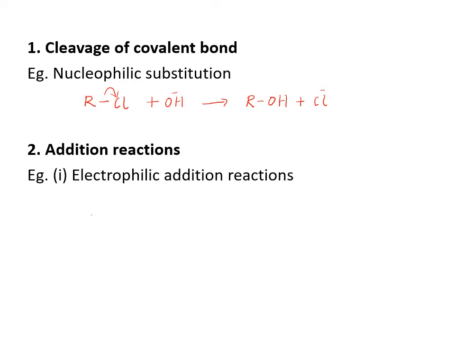For example, when H plus, the electrophile, attacks propene, the pair of electrons, that is the pi electrons, gets shifted to one of the carbon atoms, and this movement of pair of electrons is represented by this curved arrow notation.